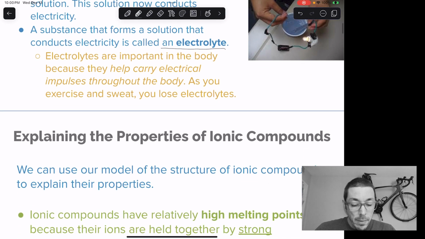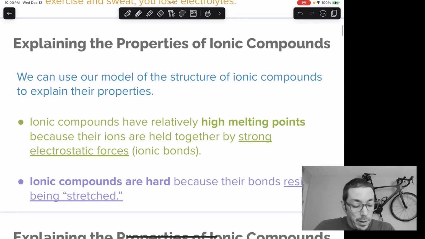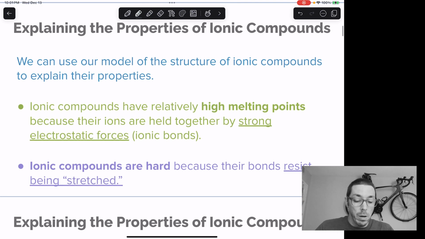So let's try to explain some of the properties of ionic compounds. We've looked at the model of the structure of the repeating unit for NaCl. And so we've said that ionic compounds have a pretty high melting point. The reason is their ions are held really strongly and tightly together by electrostatic forces.